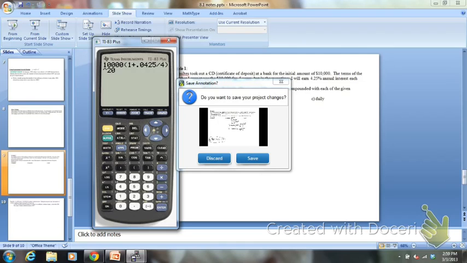Now the calculator will know the order of operations for that inside and divide the 0.0425 by 4 and then add 1, raise it to the 20th, and then multiply by 10,000. If you do, you get a pretty close answer to what you had before, $12,353.81, and we'll write that down in a second.